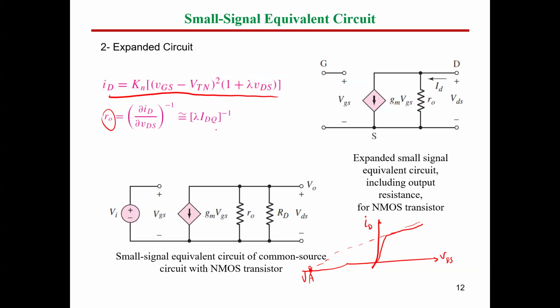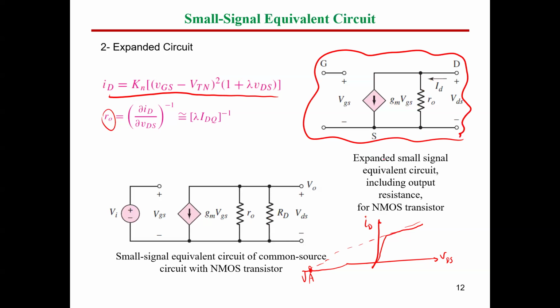Since this is the output resistance, it should be connected in parallel with our MOSFET like that, before the ID. So this is now the exact, or let's say expanded, small signal model.